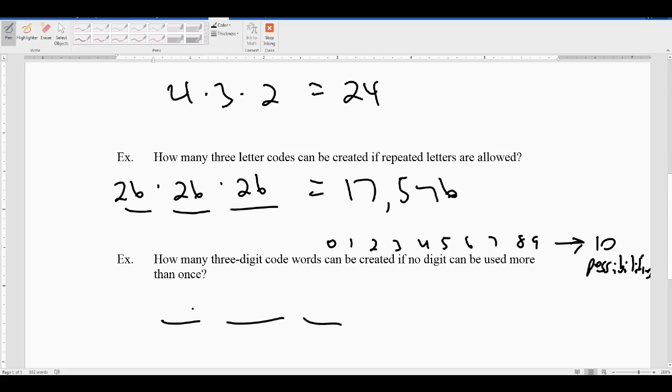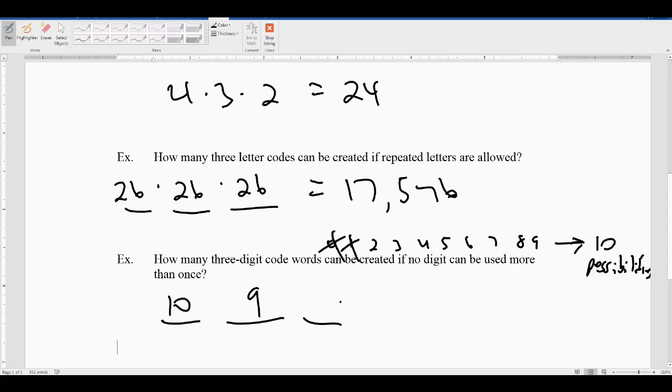So how many possible digits are there for the first entry? Well, there's 10 total. But no digit can be used more than once. Got that? So let's say they use 0. How many are left? Well, there's 9 left for the second entry. Let's say that I just happen to use a 1.